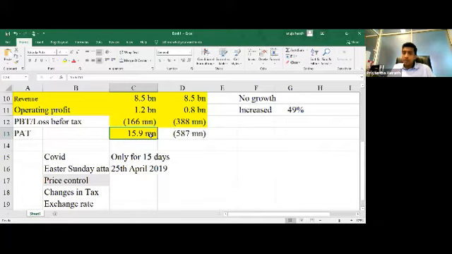Before introducing a new tax law, they consult with industry or different industries: what would be the impact if I implement this tax on your business? So it's a consultative process. Therefore, you don't need to reverse what you implement, right?